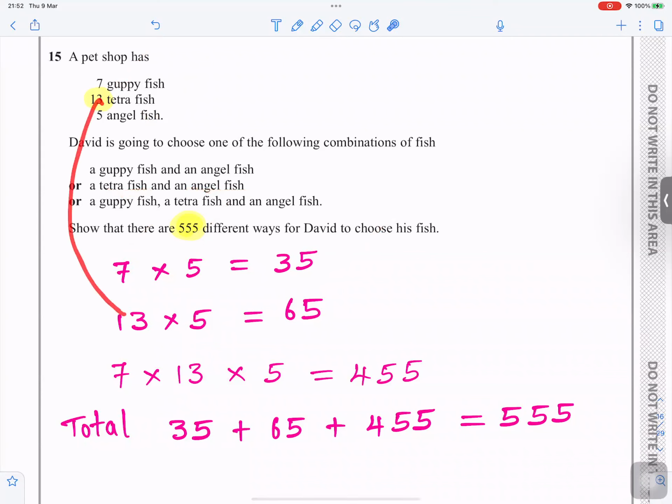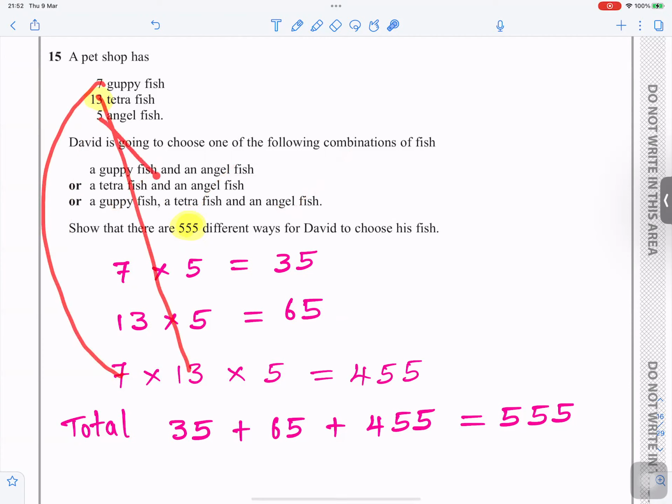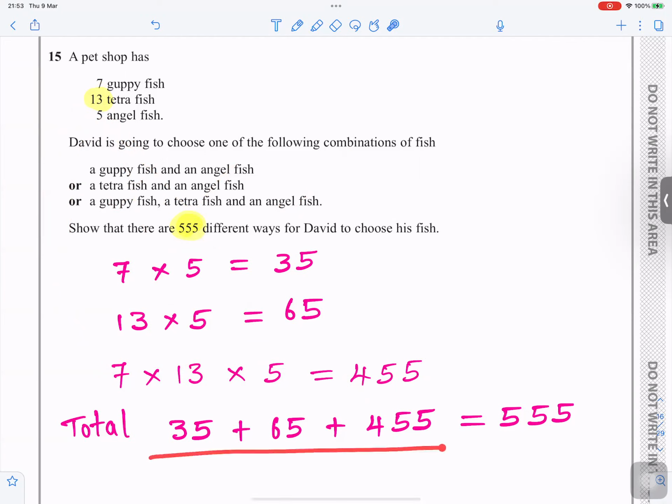Tetra fish is 13, angel fish is 5. 13 times 5 is 65. A guppy fish, a tetra fish, and an angel fish. So a guppy fish is 7, tetra fish is 13, angel fish is 5. Multiply all of them, you get 455. Show that there are 555 different ways for David to choose his fish. So you add them up. The total would be 555.